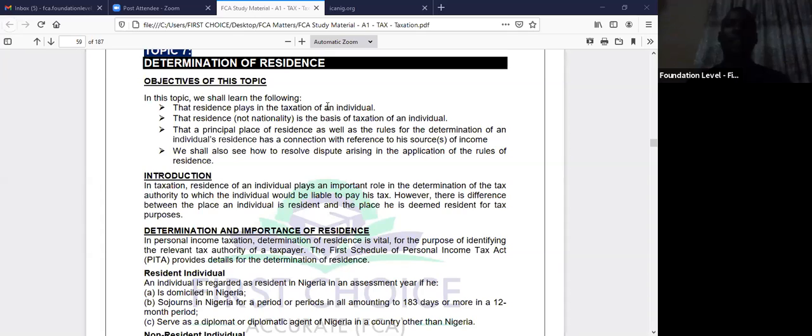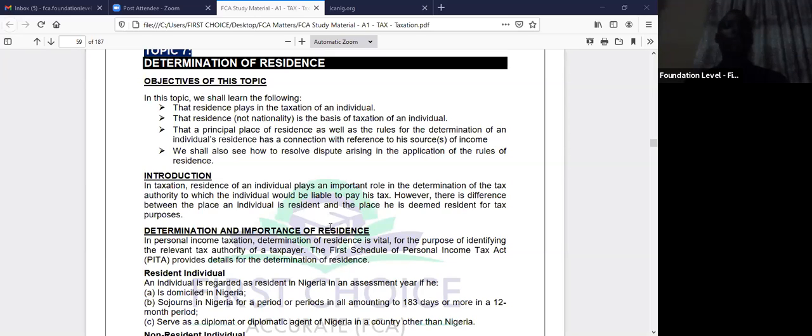What if it is only pension that he's earning? What if he collects rent, is a landlord, and that is only what he does? What if he has a combination? What if he lives in different states? How will we tax them? So determination of residency is important.